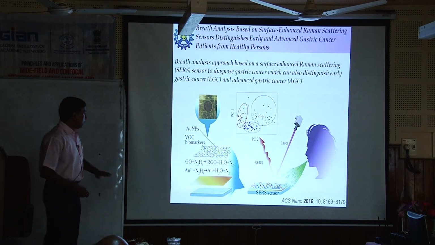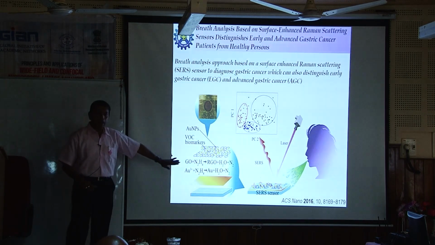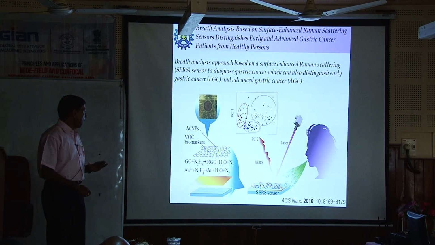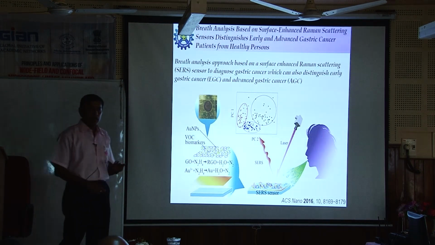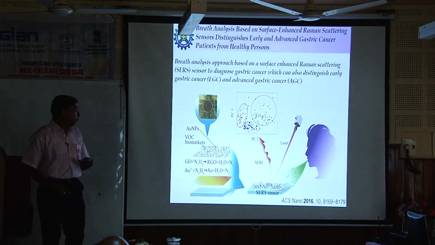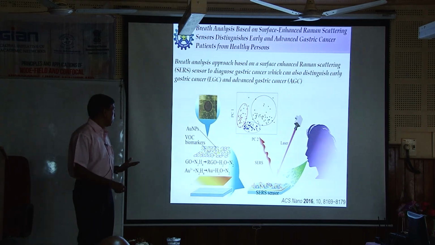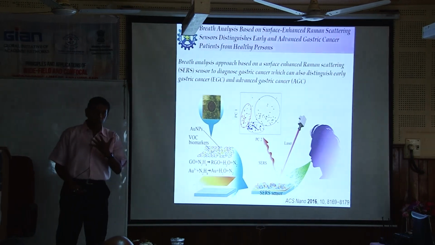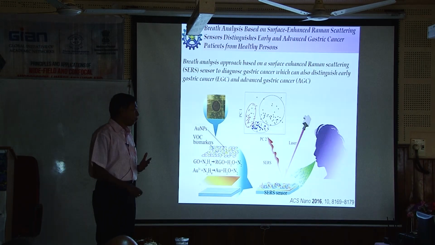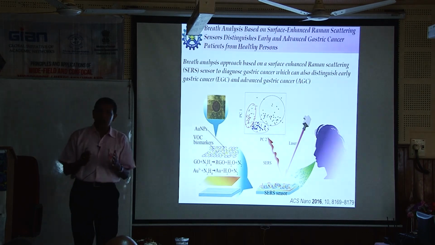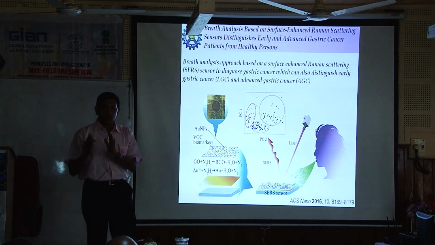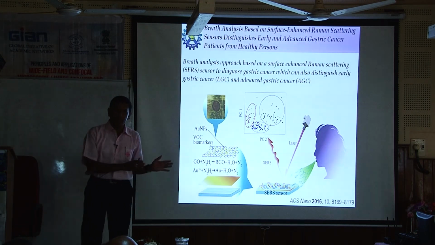So, what they made as the substrate is graphene. You may use gold coated graphene as a substrate, where the surface area is quite huge, and if you just breathe on that substrate and subsequently check its Raman band, then the VOC components can be analyzed, which can be equally analyzed in the GC.